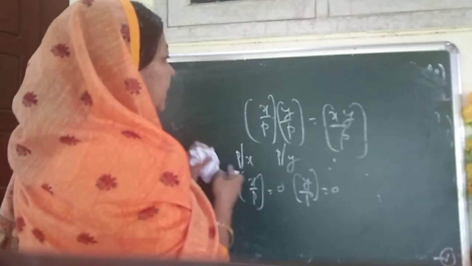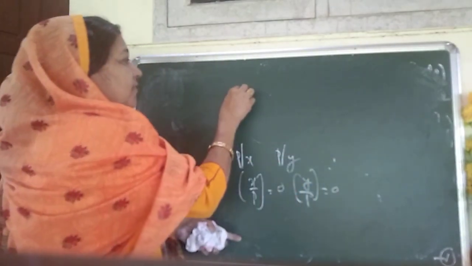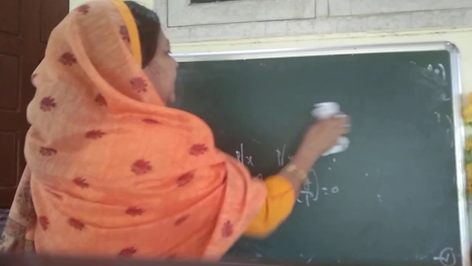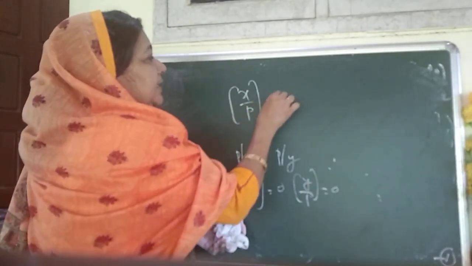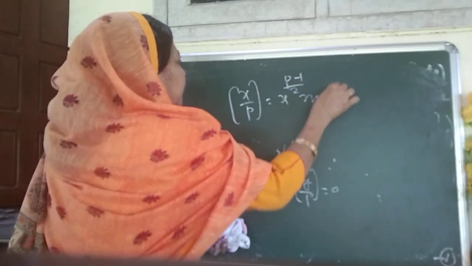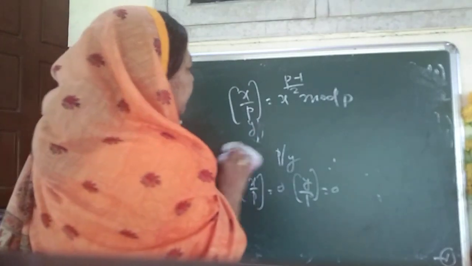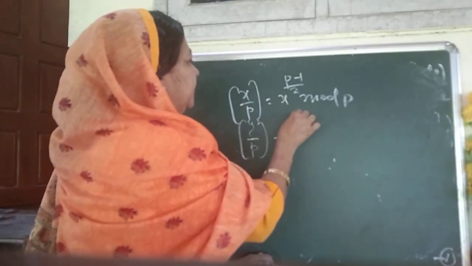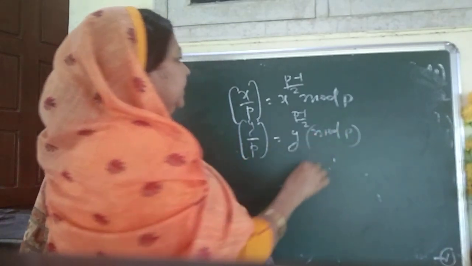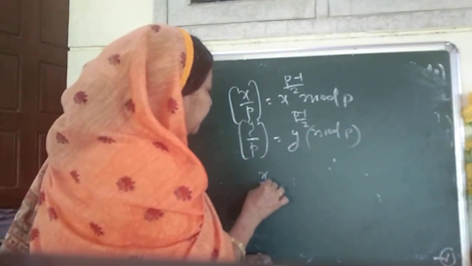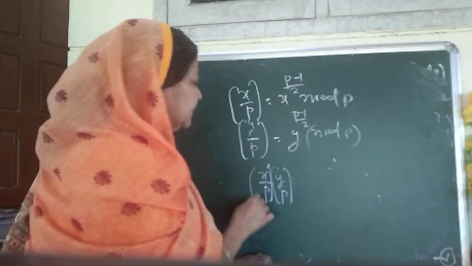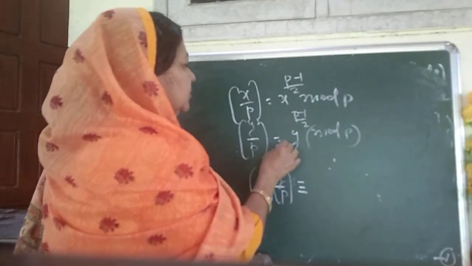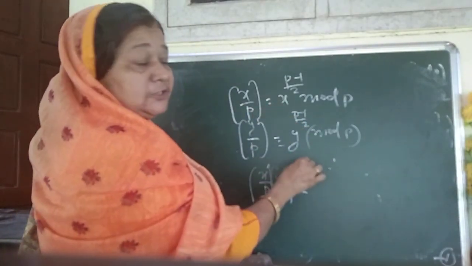There also (xy/p) equals 0. Now, we know (x/p) is congruent to x raised to (p-1)/2 modulo p, and (y/p) is congruent to y raised to (p-1)/2 modulo p. Therefore, (x/p) into (y/p) is congruent to x raised to (p-1)/2 into y raised to (p-1)/2.